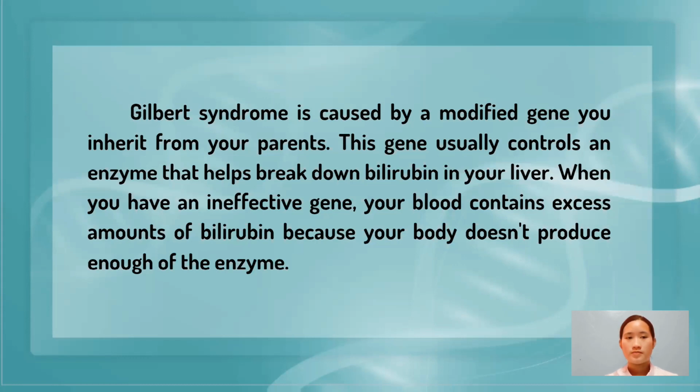Over time, scars replace healthy liver tissue, interfering with liver function. This irreversible scarring is the final stage of alcoholic liver disease. Other factors that can contribute to alcoholic hepatitis include other types of hepatitis and malnutrition.